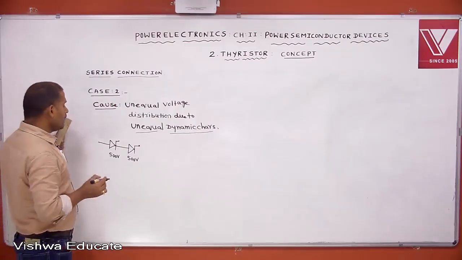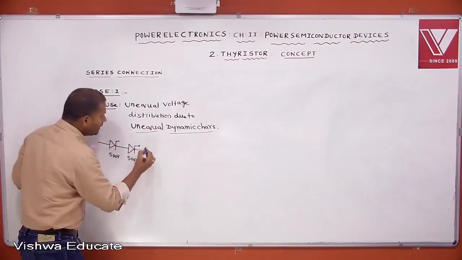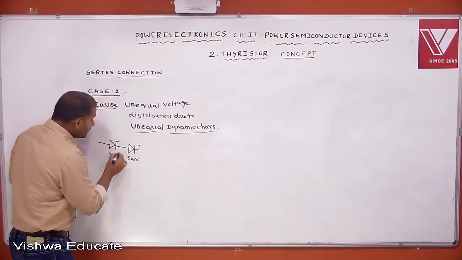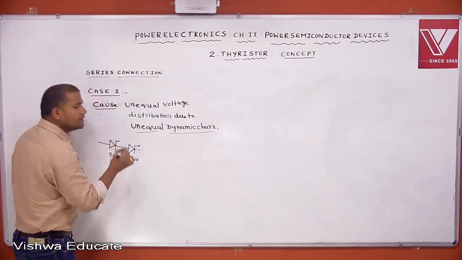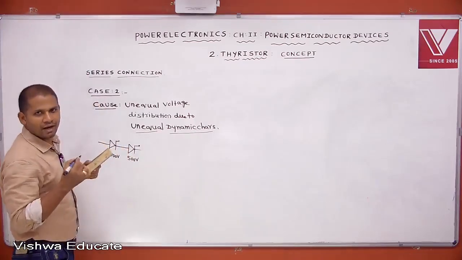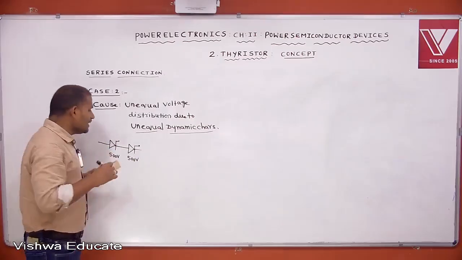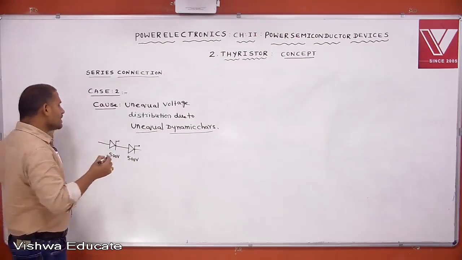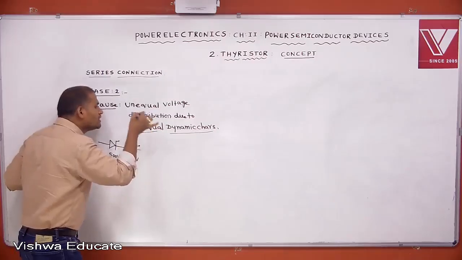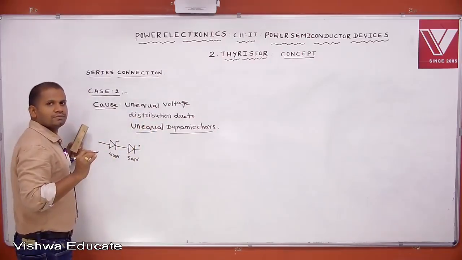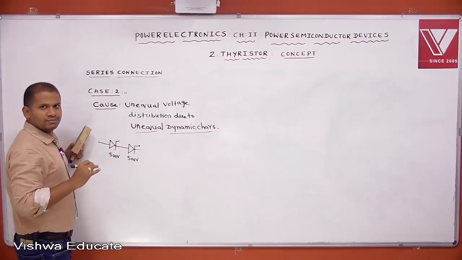Both are 500 volts thyristors, but these 2 SCRs do not have the same turn on time and same turn off time. The reason is unequal charge distribution.